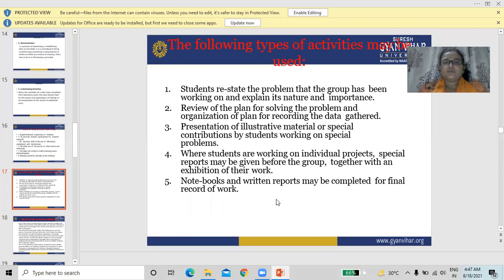Next, where students are working on individual projects, special reports may be given before the group together with an exhibition of their work.